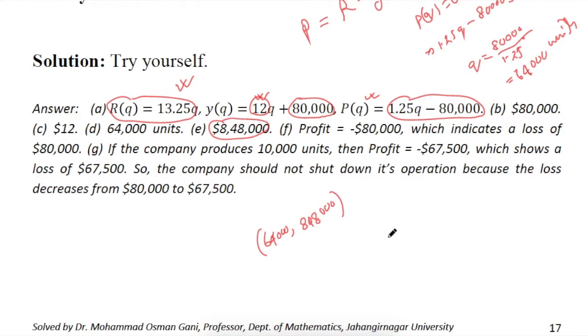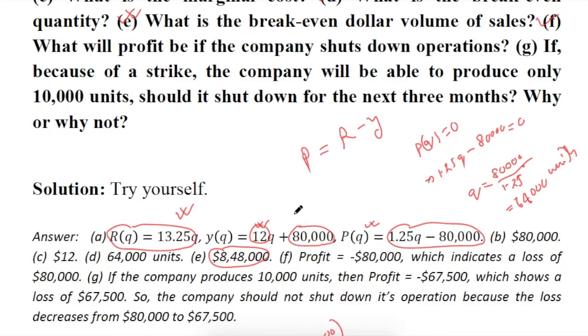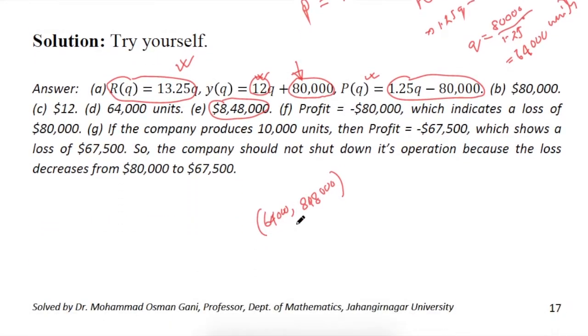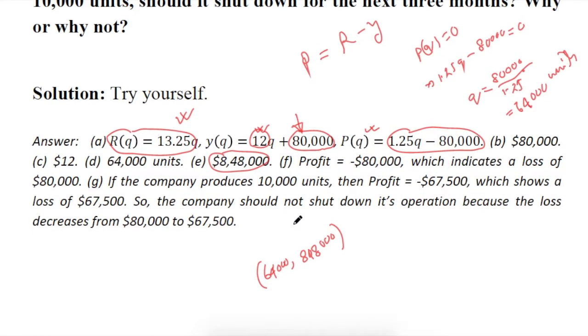This one will be your break-even point. And the next one, F, what will be the profit if the company shuts down its operation? If the company shuts down its operation, then $80,000 will be the loss. The profit will be minus 80,000, which indicates a loss of 80,000.